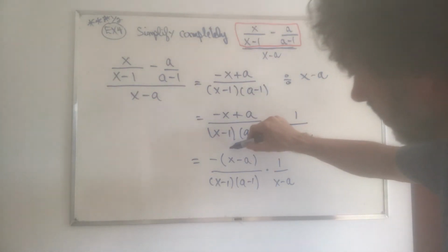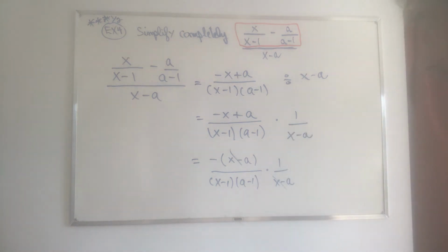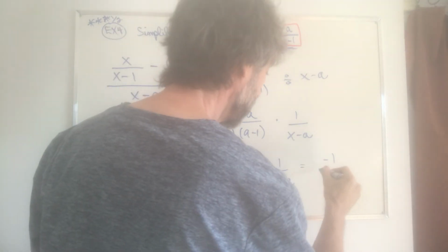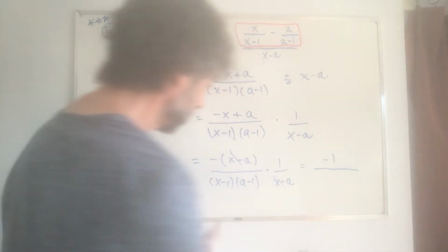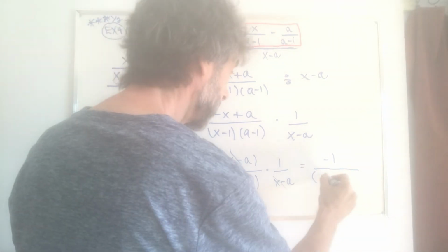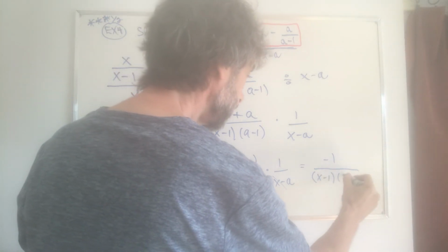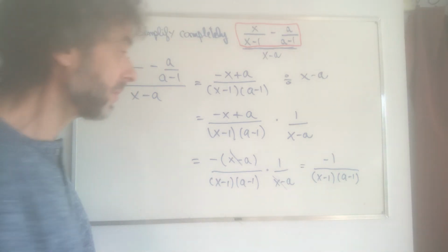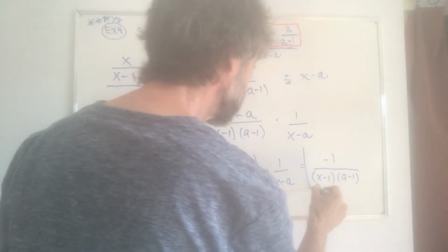I have this and this, which gives me my final answer, which is going to look like this: minus 1 over this denominator, x minus 1, a minus 1. And it's pretty much the most that can be done with this.